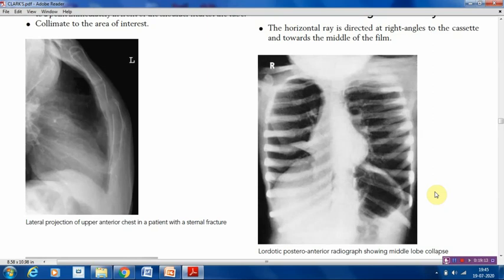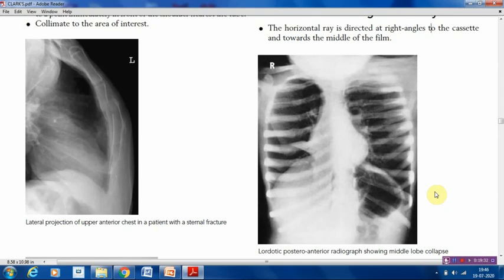Usually it is not required to mention because nowadays most places use a gridded vertical bucky. Non-grid is very rare, only maybe in smaller centers.